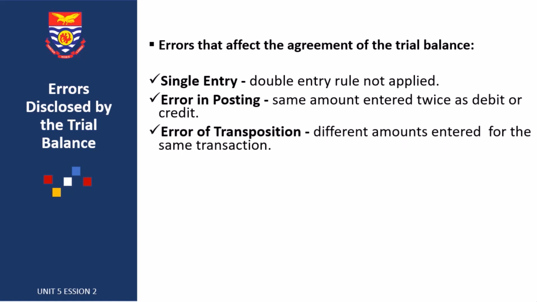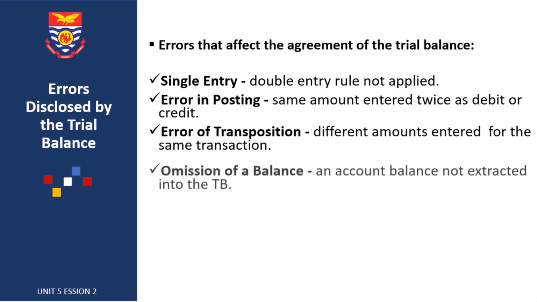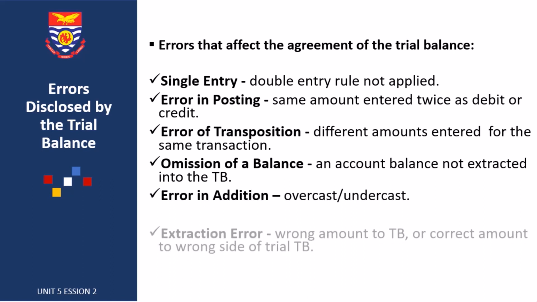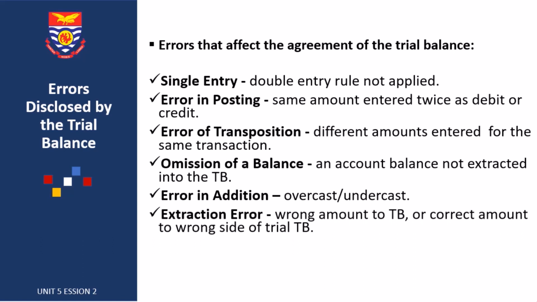Error of transposition, different amount entered for the same transaction. Omission of a balance, an account balance not extracted into the trial balance. Error in addition can be an overcast or an undercast. Extraction error, wrong amount to trial balance or correct amount to wrong side of the trial balance.